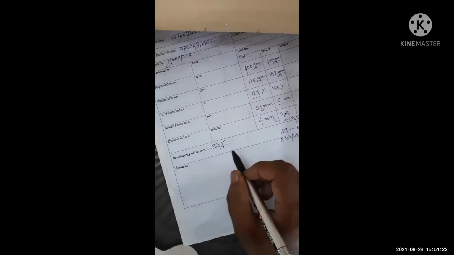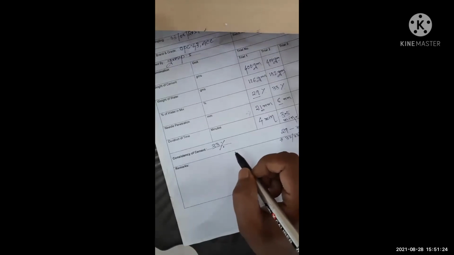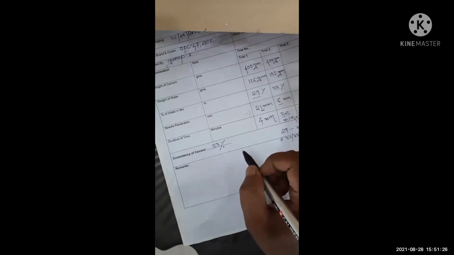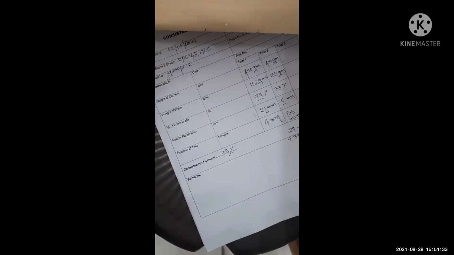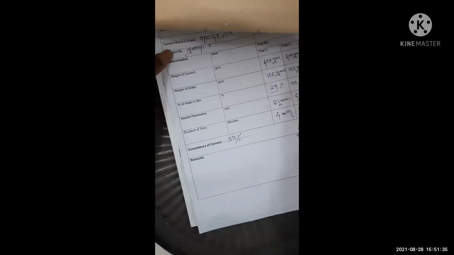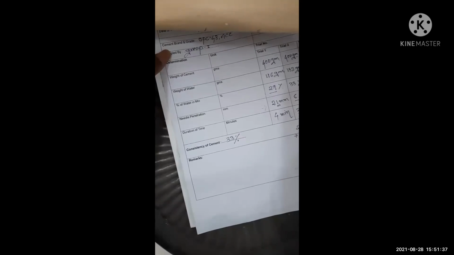And from here, we can define the standard consistency of cement. We can define it in two ways. Physically, we can say it is the minimum quantity of water required to make the paste perfect.